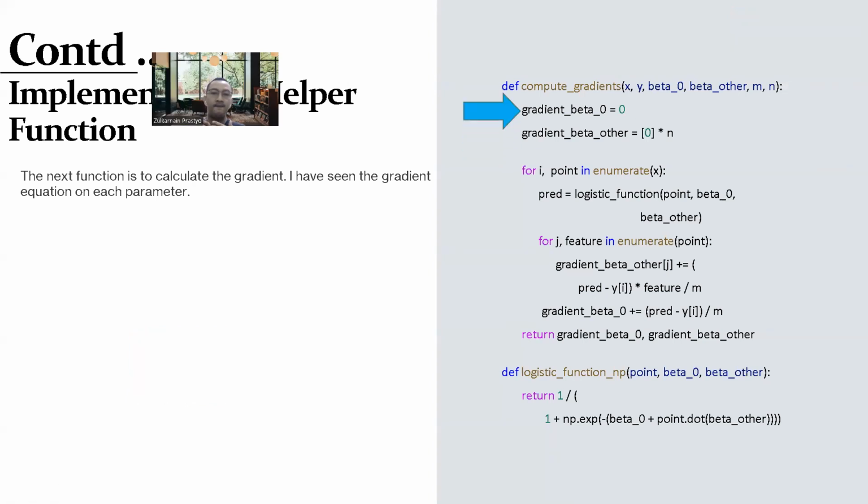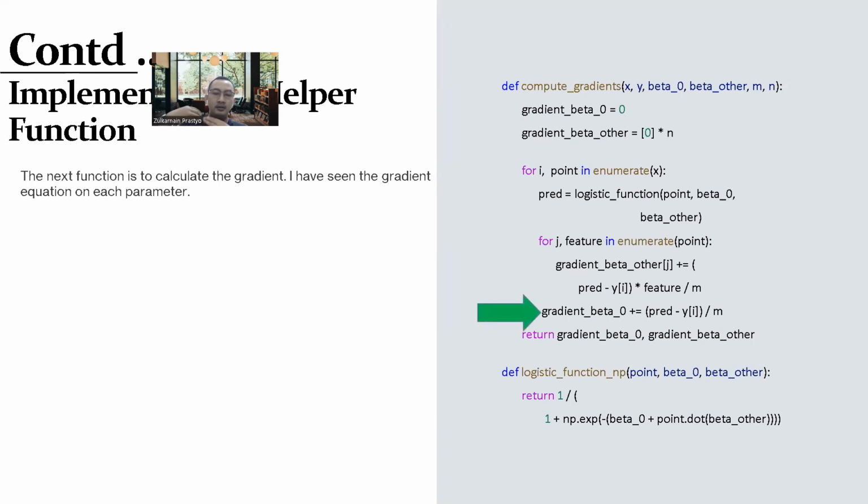So the first time, I have gradient beta 0 equal 0, and then I have gradient beta other equal 0. And then I will, for each point in enumerate, predict the logistic function of the point with beta 0.